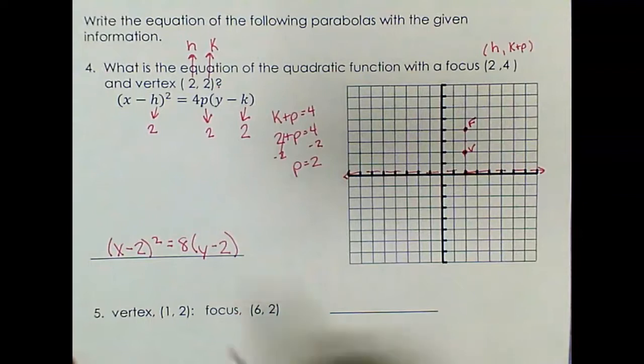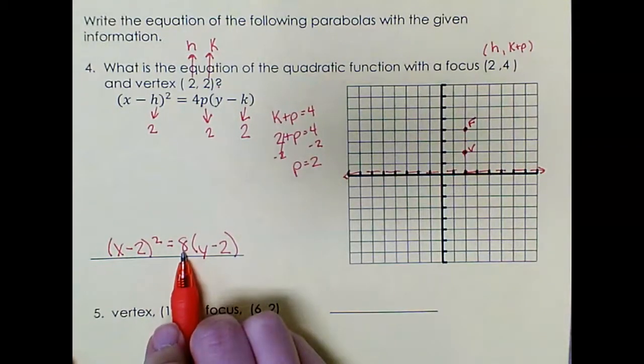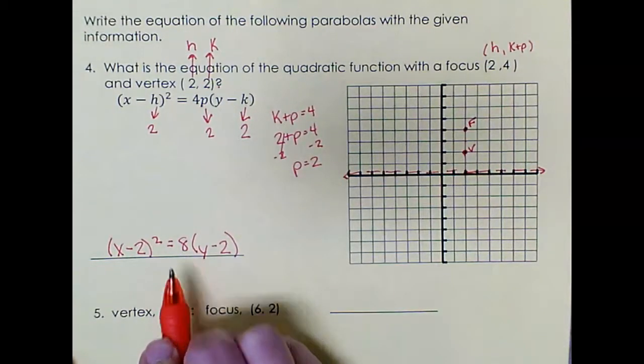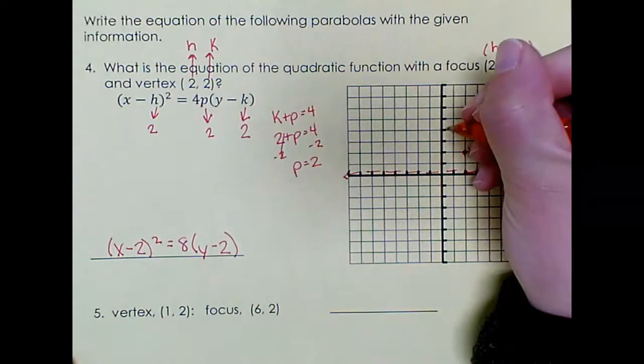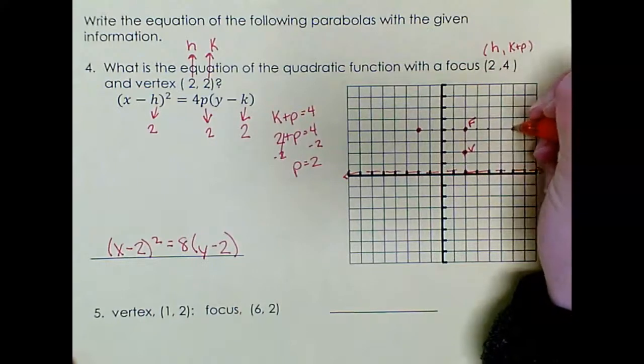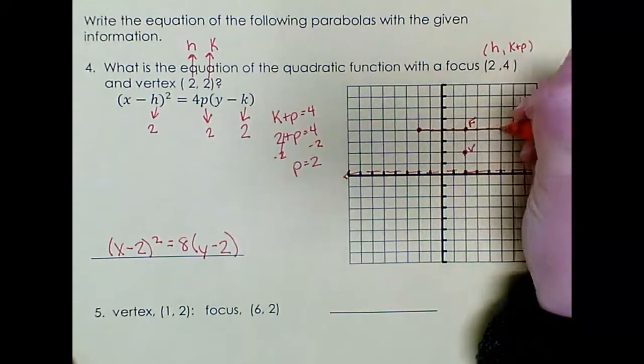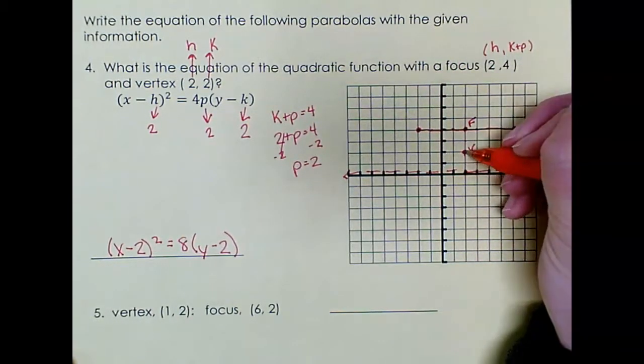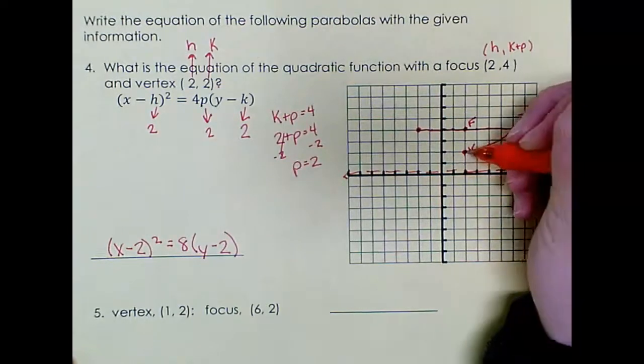And my focal chord is 8 units long. So that's 4 units in each direction. So 4 units this way, 1, 2, 3, 4. 4 units this way, 1, 2, 3, 4. So here's my focal chord. And I'm going to connect my vertex to the endpoints of my focal chord.